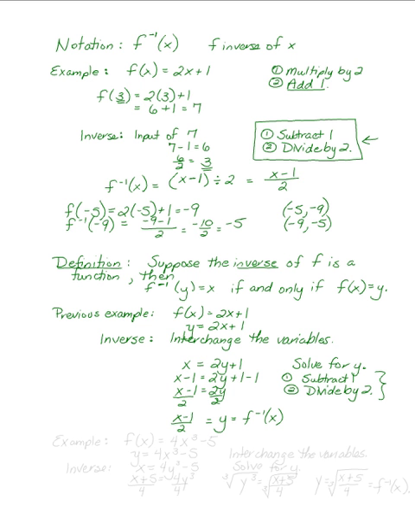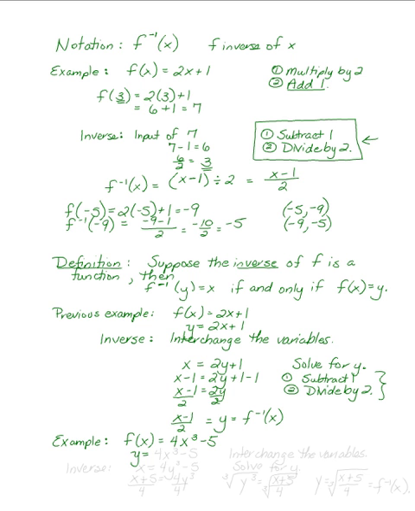Okay, let's do one more example like this where we interchange the variables. Let's say we have our function, 4x cubed minus 5. If we want to write its inverse, the first thing I would do is rewrite this in terms of y.